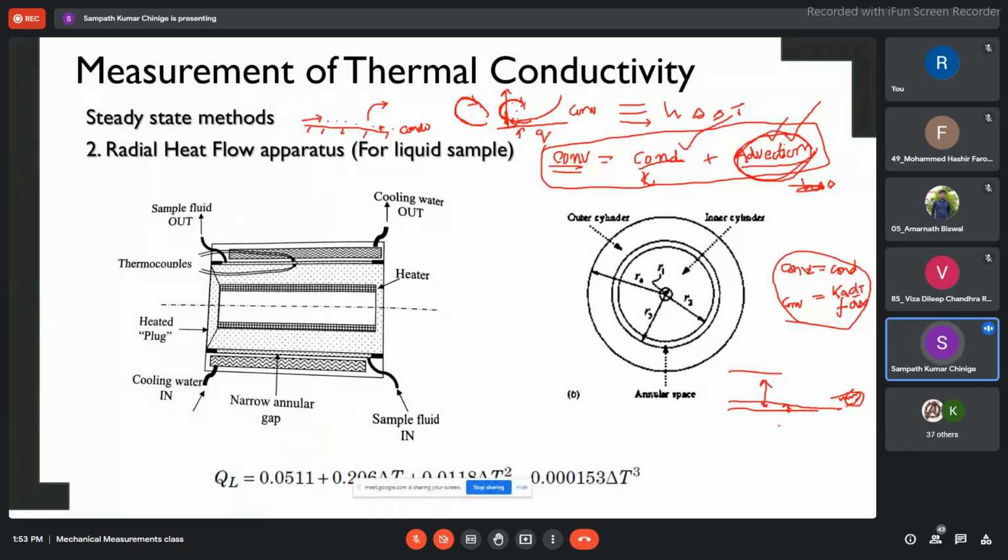Most of the heat transfer will take place by conduction. So if I keep only a small mm of fluid, the heat transfer is restricted to conduction, and therefore there is no convection. If you can do that, then automatically you can find out the respective thermal conductivity. Okay. Any doubts up to this?